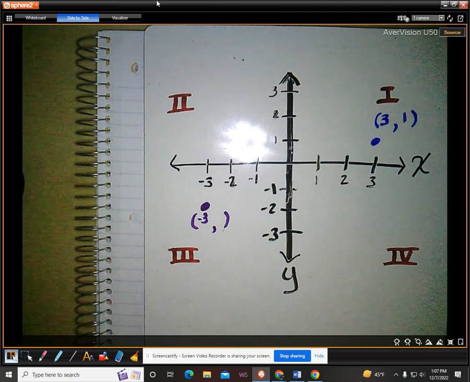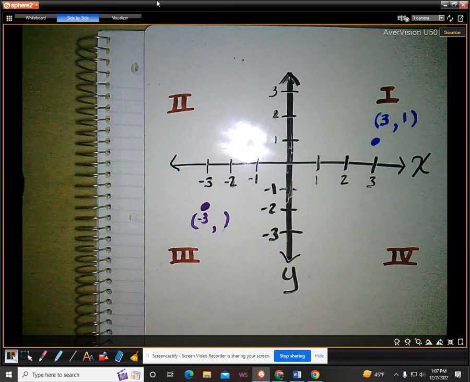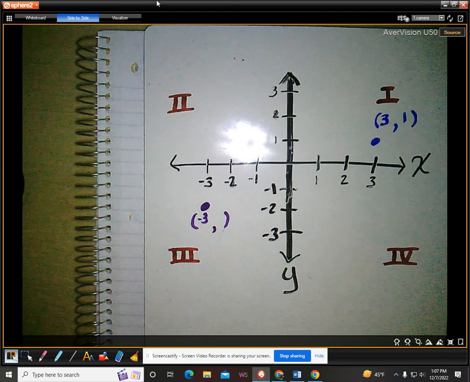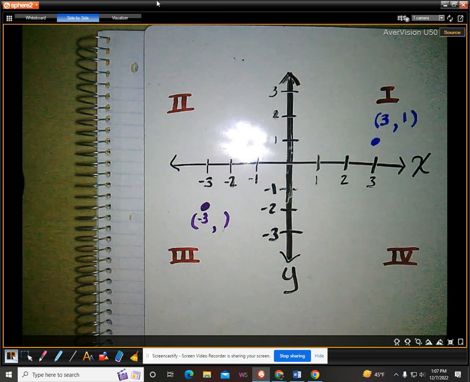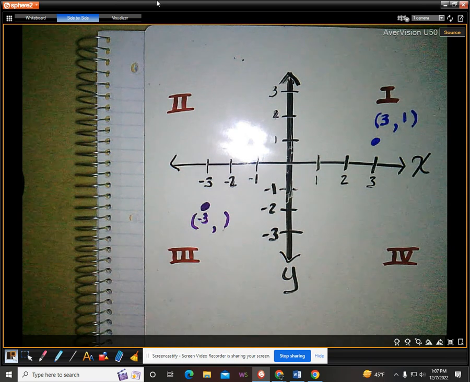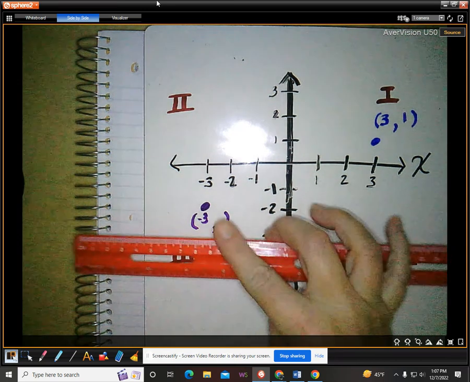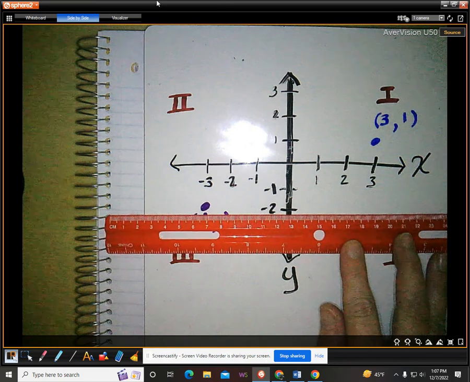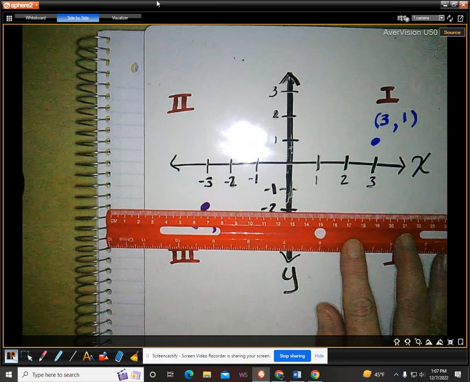Where do you think it is on the Y, Kaylee? Don't tell her. Let her think. It doesn't do her any good for someone to just give it to her. Take a guess. You're super close. And it could be just my drawing. So if we go across to the Y, where is it probably on the Y?